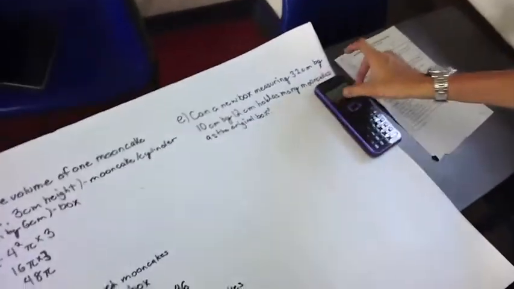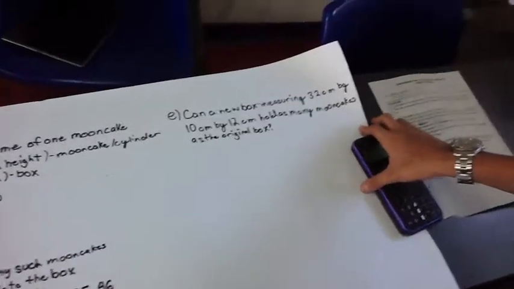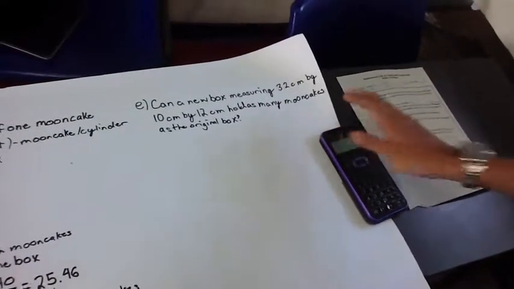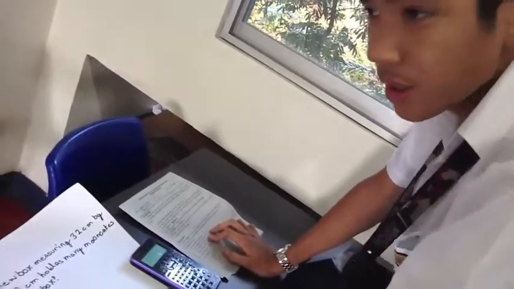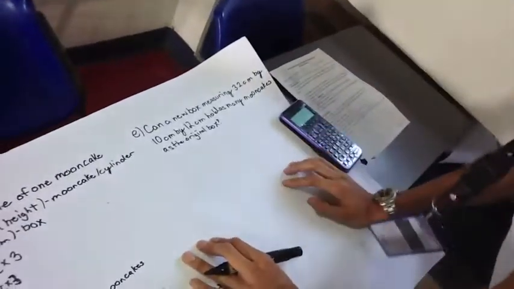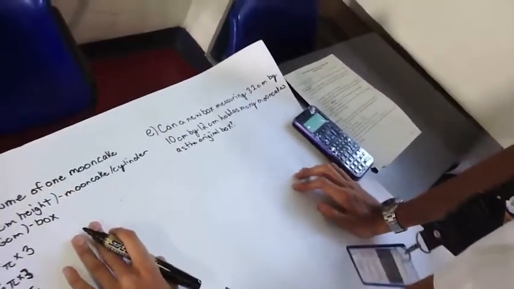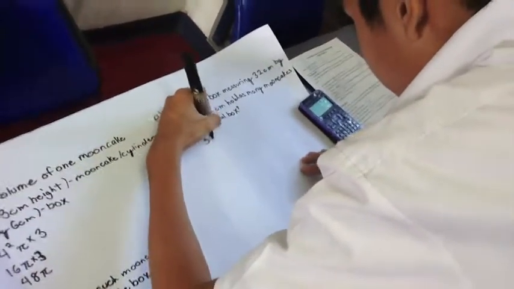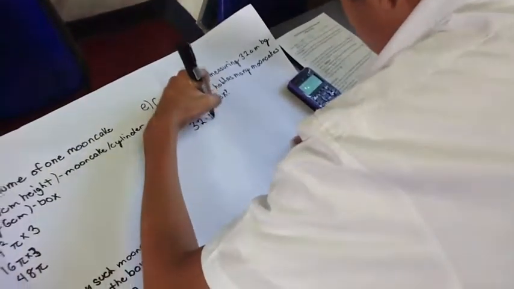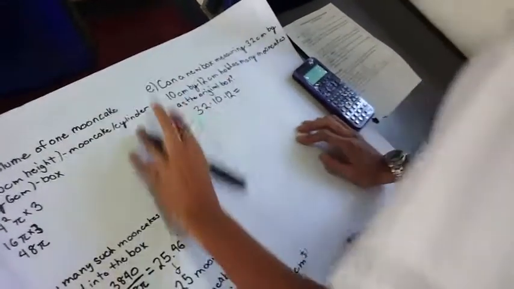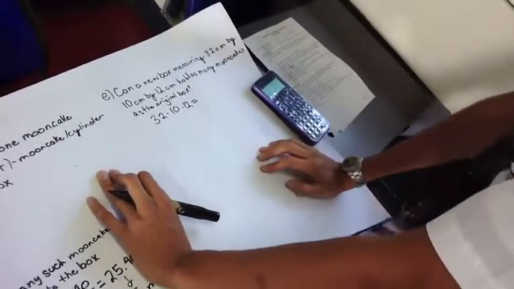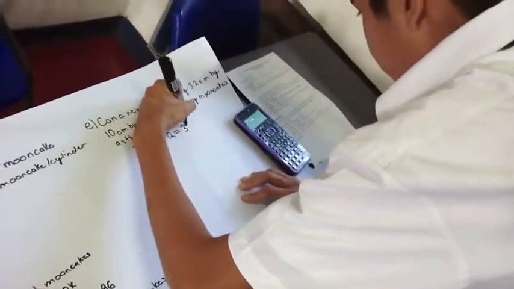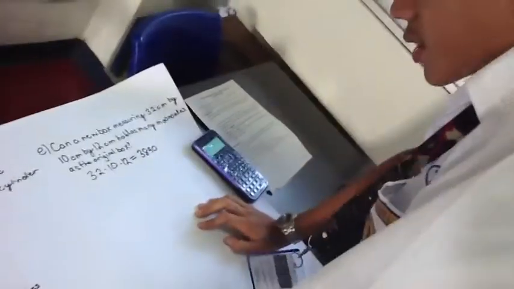Can a new box measuring 32 cm by 10 cm by 12 cm hold as many mooncakes as the original box? Well, the answer is simply yes. I will show you how you solve it. We get the volume of the box, which is 32 times 10 times 12, that would equal 3,840 cm cubed.